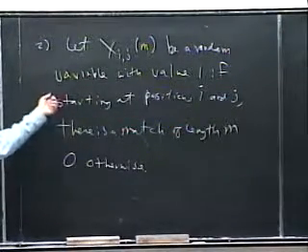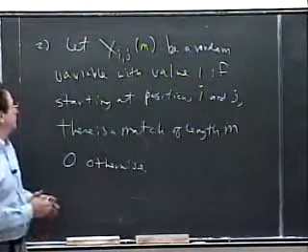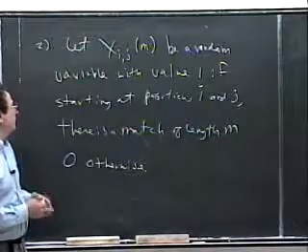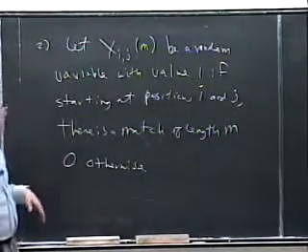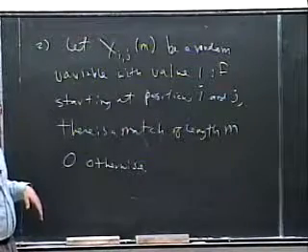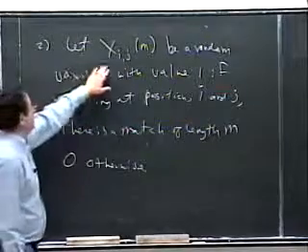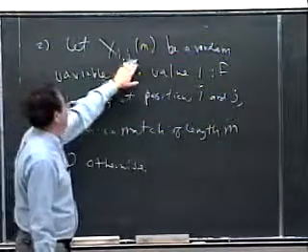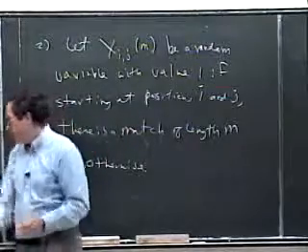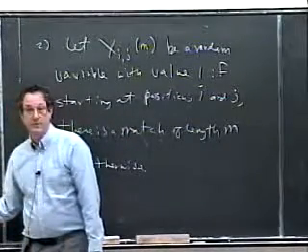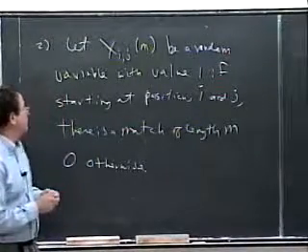A random variable is just a variable whose value is determined according to some probability distribution. We don't necessarily know what it is, although we just worked it out, didn't we? So X_ijm takes on a value of 1 with probability p to the m, and a value of 0 with probability 1 minus p to the m.